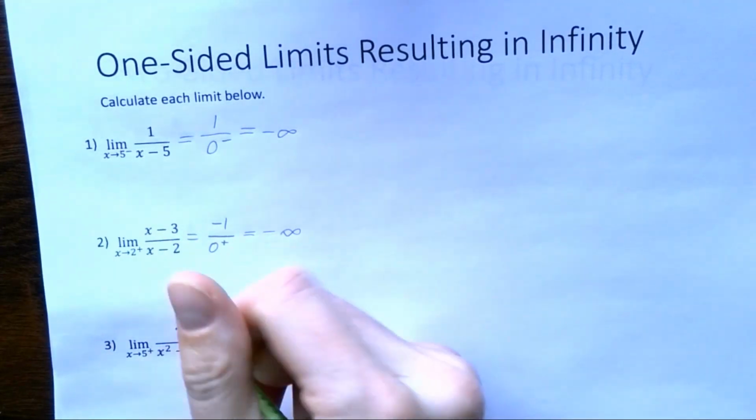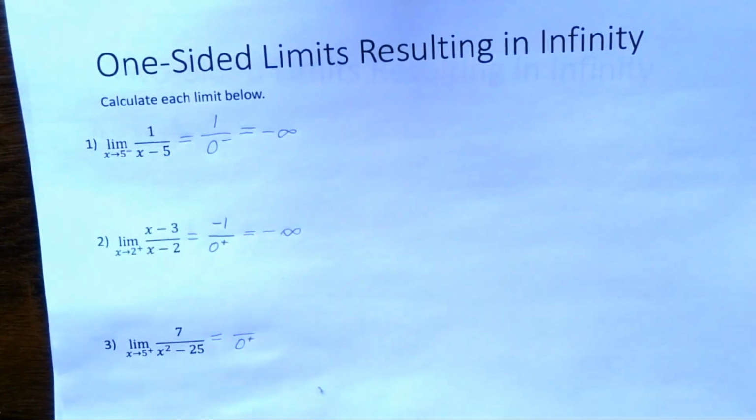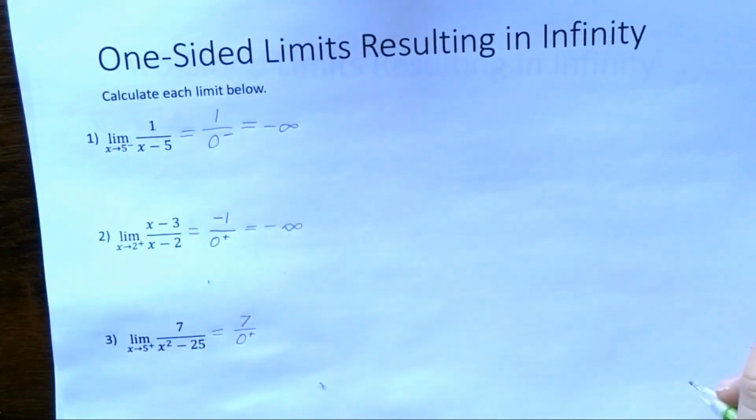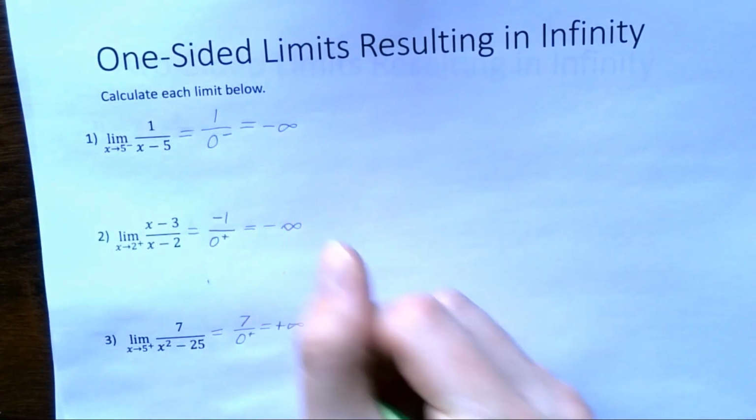Hence, the bottom will be 0 positive, because it will be almost 0, but slightly positive, because we're taking a number that's slightly larger than 25 and subtracting 25. So we will have a small positive margin left over. On the top, we have 7. So now we have a positive number divided by a positive number, which gives us positive infinity.